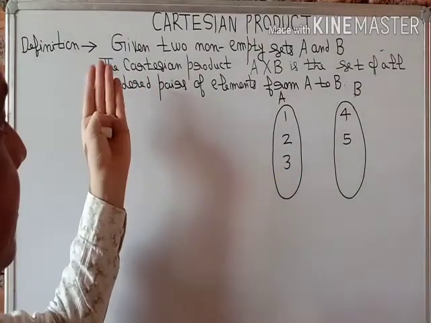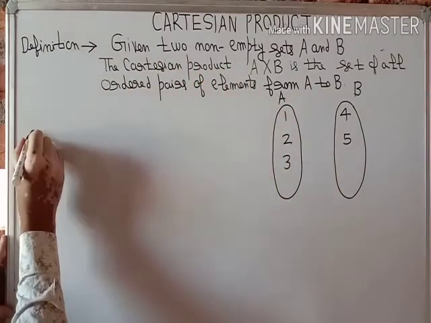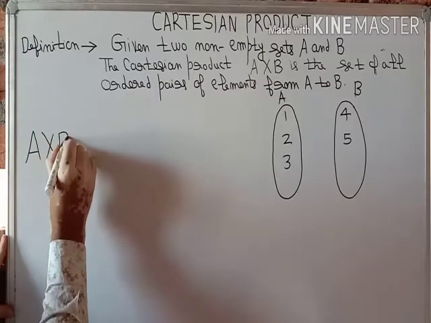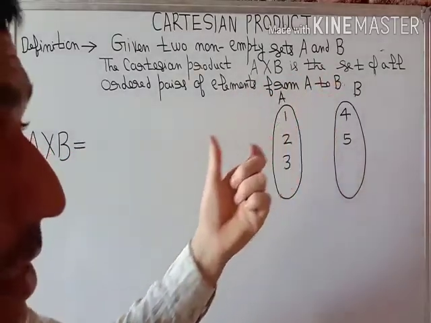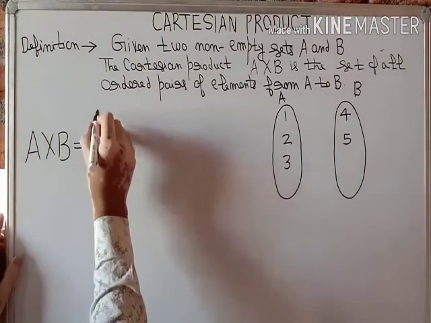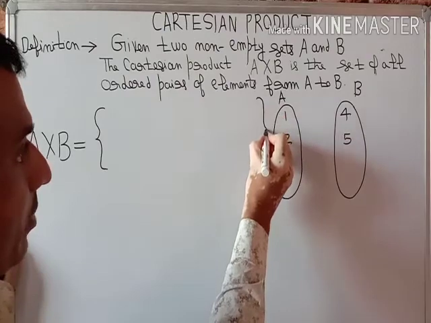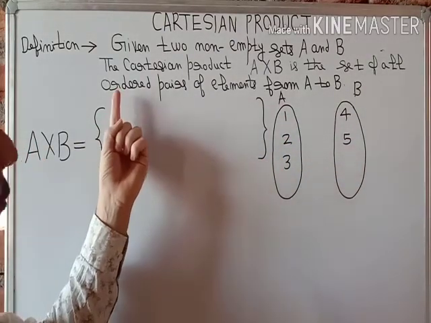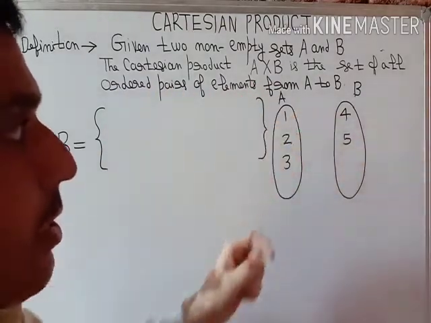And next is the Cartesian product A cross B. We are going to find out the Cartesian product of A and B, and we can write like this. Cartesian product is a set, so definitely you use these brackets, curly brackets or braces. And it is a set of what? It is a set of all ordered pairs of elements from A to B.